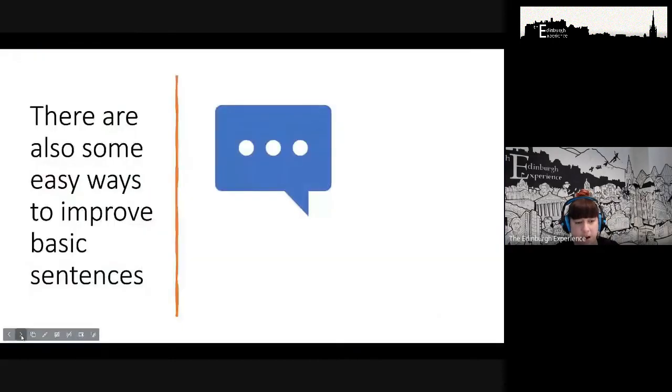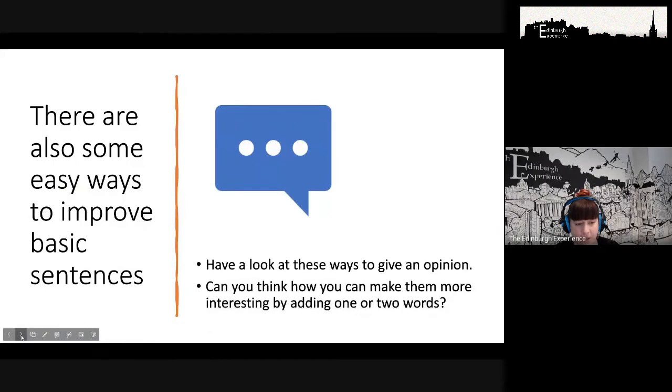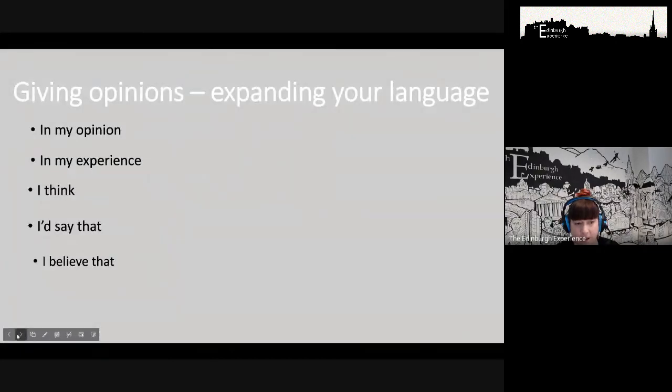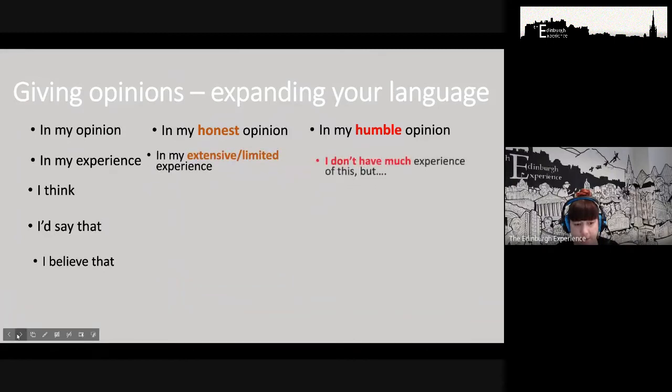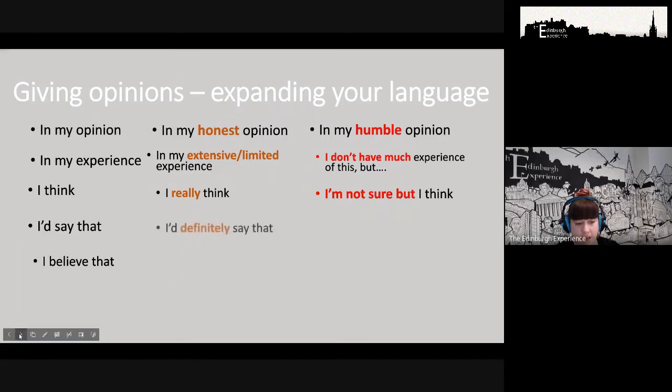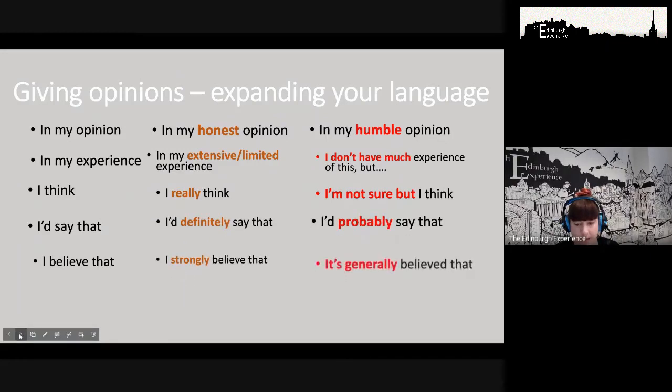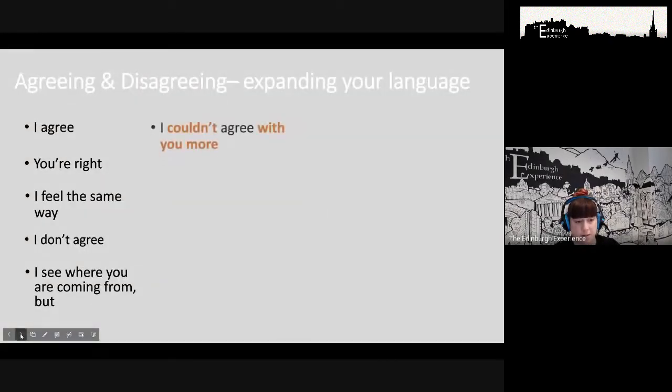And here are the ways that we talked about quickly improving some of those very standard words that we're probably already using a lot, but by just bringing in an extra word or two, we can make so much more interesting. And here's agreeing and disagreeing.